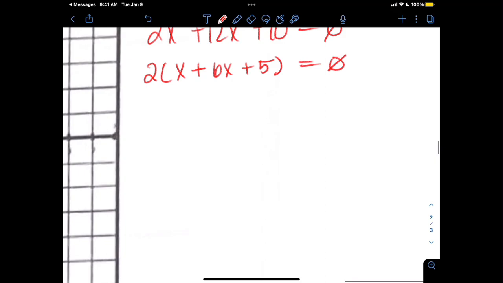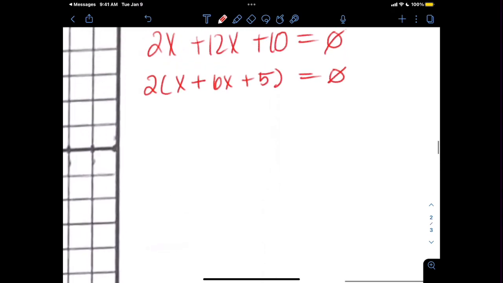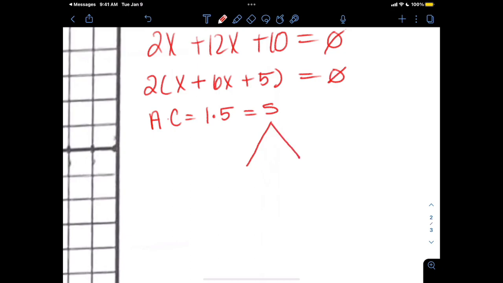All right, now I'm going to go ahead and I'm going to use my different values. So A is 1, B is 6, C is 5. So A times C is 1 times 5, which is 5. I need two numbers that will multiply together to give me 5. However, they will add together to give me 6.